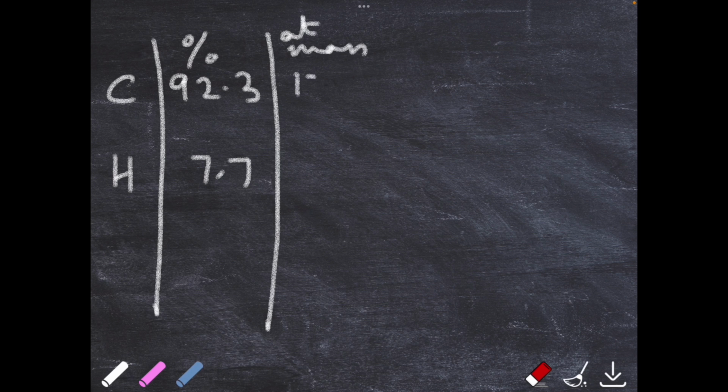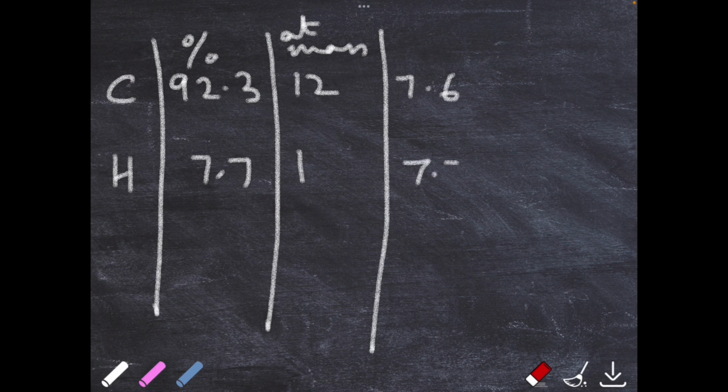The atomic mass of this is 12 and this is 1. In the third column we will divide 92.3 by 12, and we get something like 7.6, sorry, and when we divide 7.7 by 1 we get 7.7.